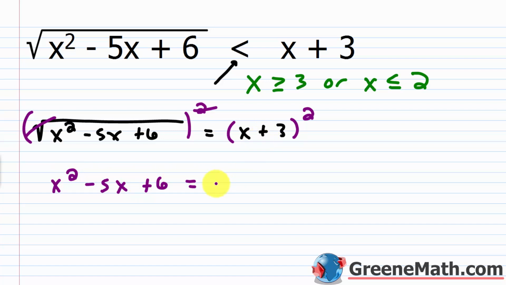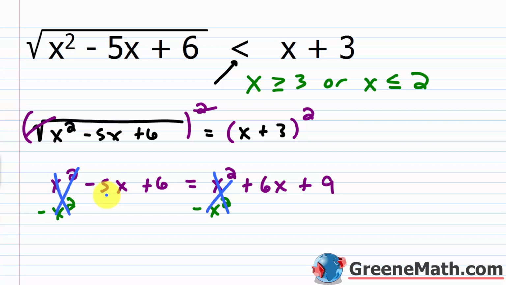So this is going to be x squared plus 2 times x times 3, which is 6x, plus 3 squared, which is 9. Now I have x squared on each side. I can subtract that away from each side. Again, if you see the same thing on each side, you can just get rid of it. So I can cancel this and this. So on the left side, I have negative 5x plus 6. On the right side, I have 6x plus 9.